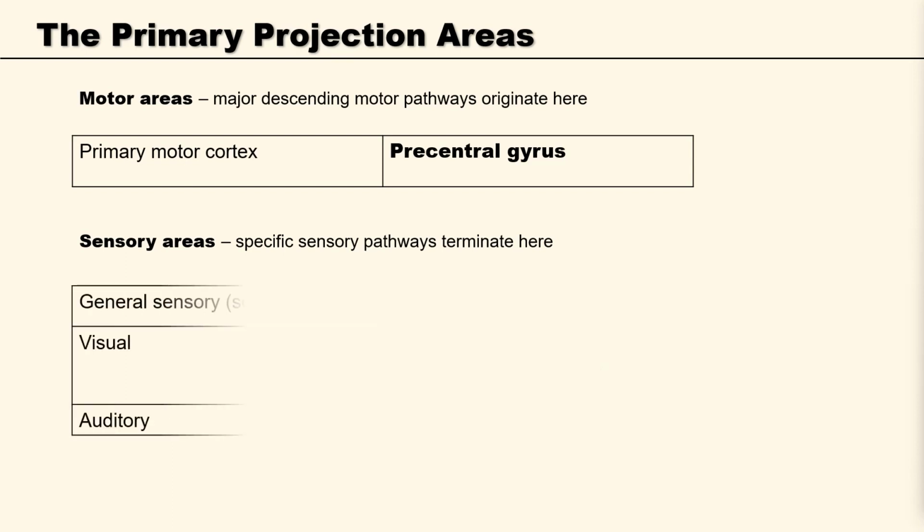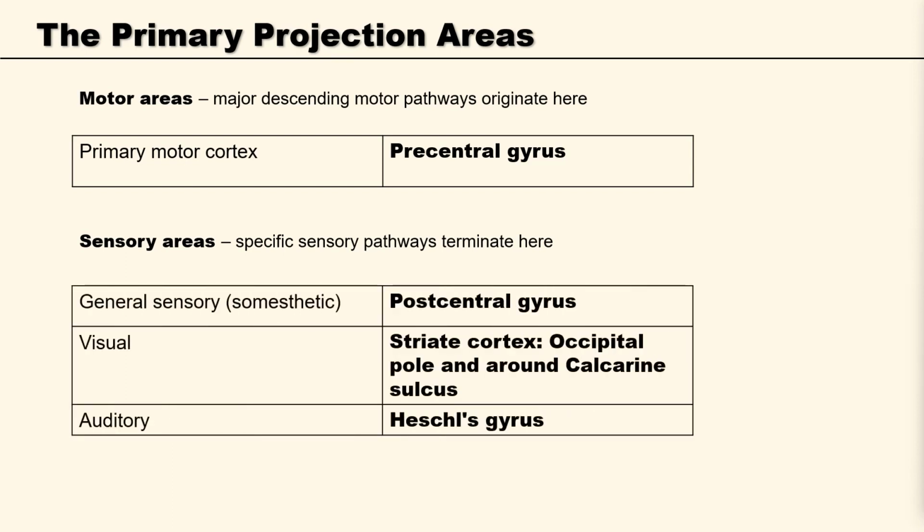The general sensory, sometimes called somatosensory or somesthetic, is located on the postcentral gyrus, whilst the visual is located in the striate cortex, which is formed by the occipital pole and around the calcarine sulcus. The primary auditory area is found in the temporal region on a gyrus known as Heschl's gyrus.